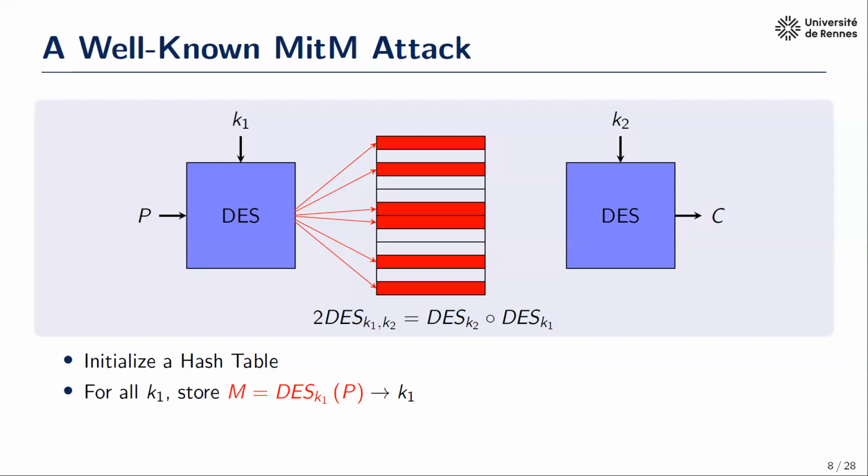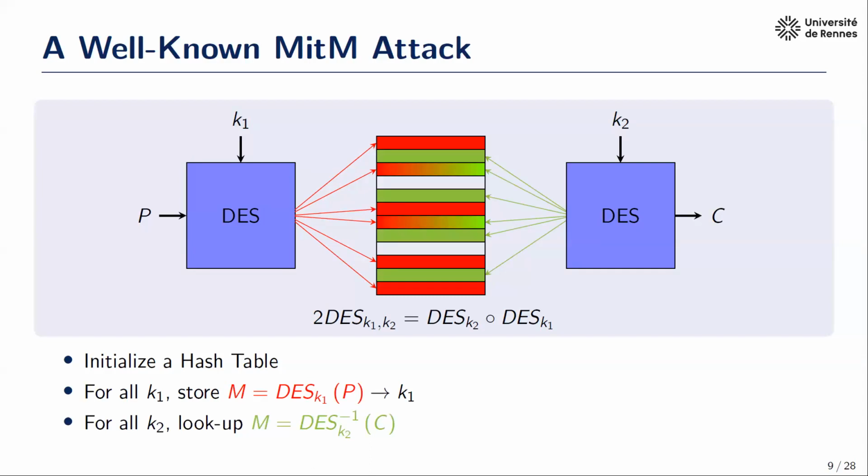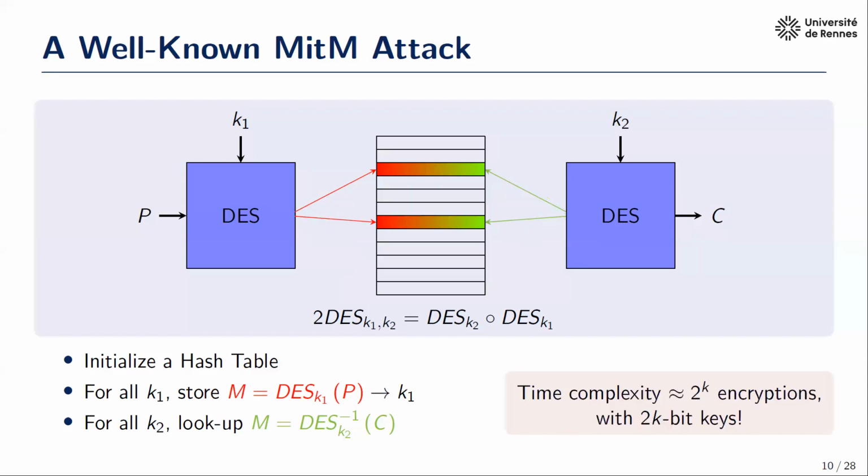Then, once it's done, we do the same thing on the ciphertext. So we loop on K2, partially decrypt the ciphertext, obtain the value of the middle state, and then we look into the hash table for possible matches. And if we get matches, we retrieve the corresponding value of K1. So we obtain the possible values for K1 and K2.